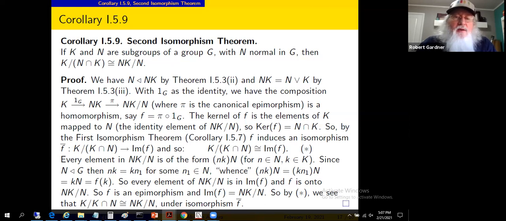That's what mapping F does. When mapping F takes in an element of K and gives out a coset of N, a left coset, say, based on that element of K, that is, F of K is the left coset K capital N.